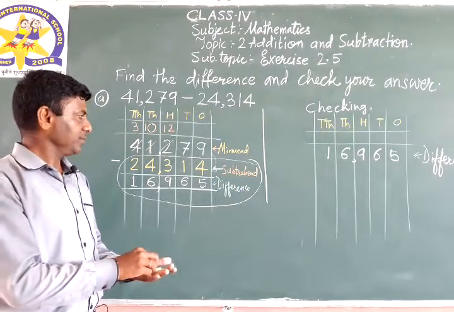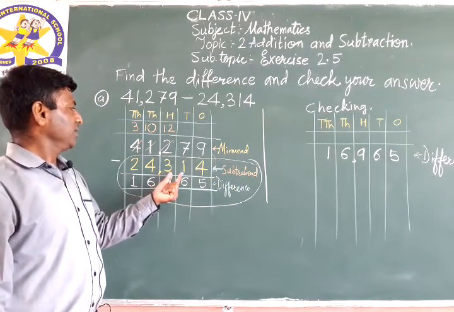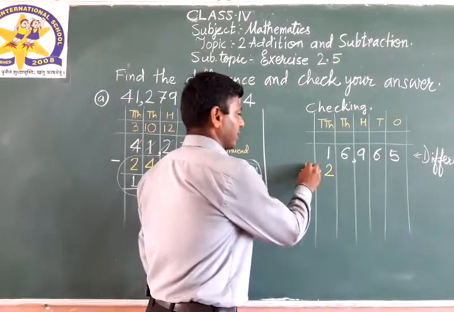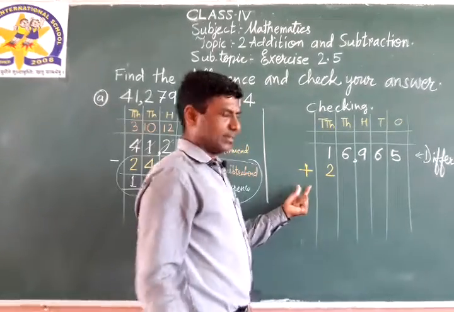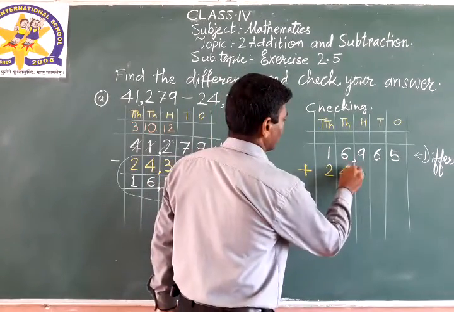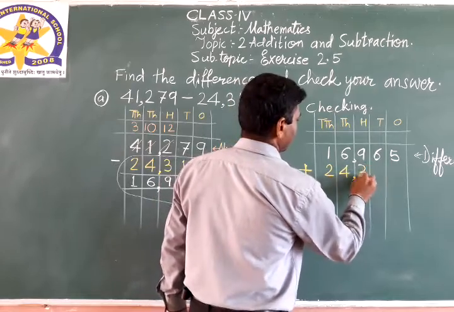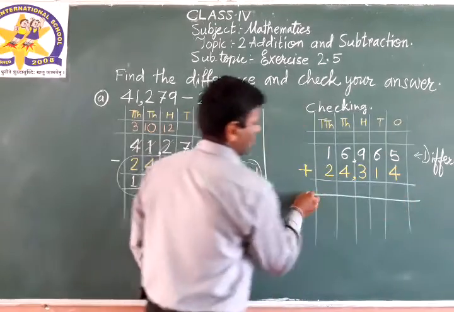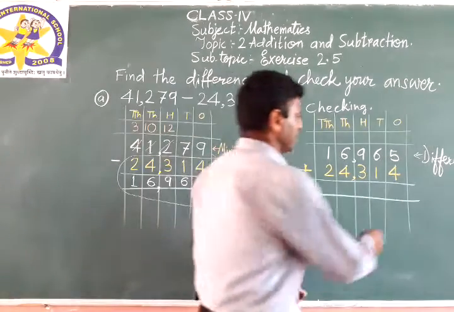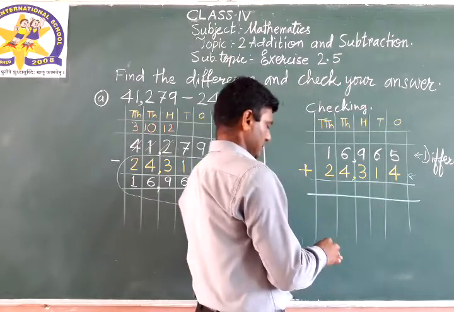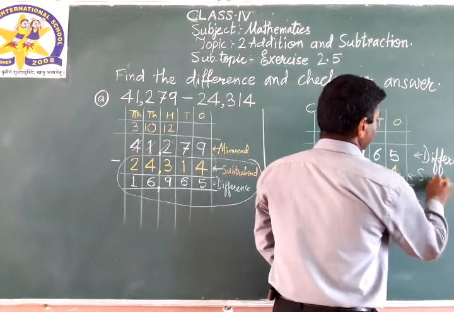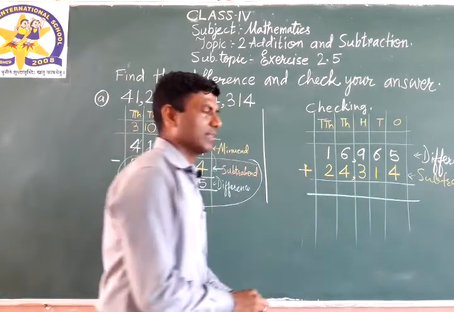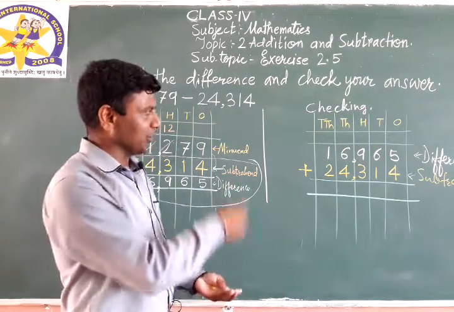What is the subtrahend? 24,314. So write plus. Don't forget, you have to put the sign. 24,314. This is the subtrahend. Understand? Now add these two.